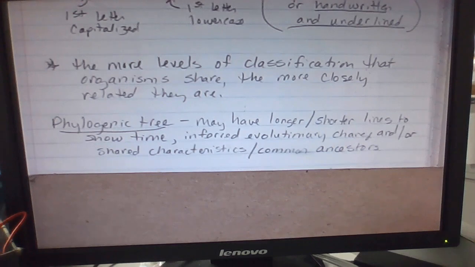I don't think you're ever going to see a question on the AP Bio test in my class that says which one of these is a phylogenetic tree and which one is a cladogram.